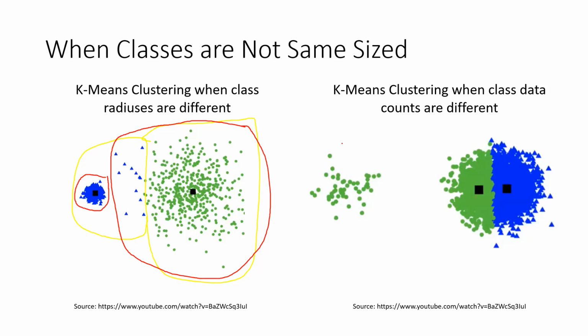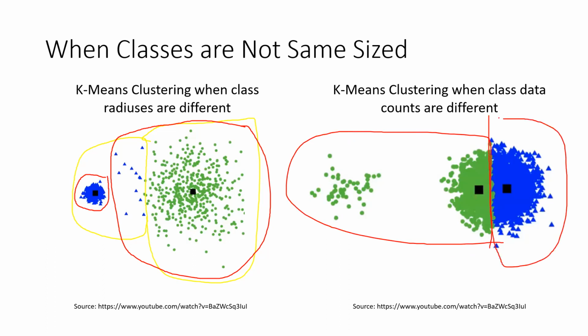So this cluster and part of this cluster are now considered as a single cluster, and these data points are considered as another cluster, which is not correct, right? So the data size should also be the same or similar before you apply k-means clustering. Otherwise, it would not work correctly.